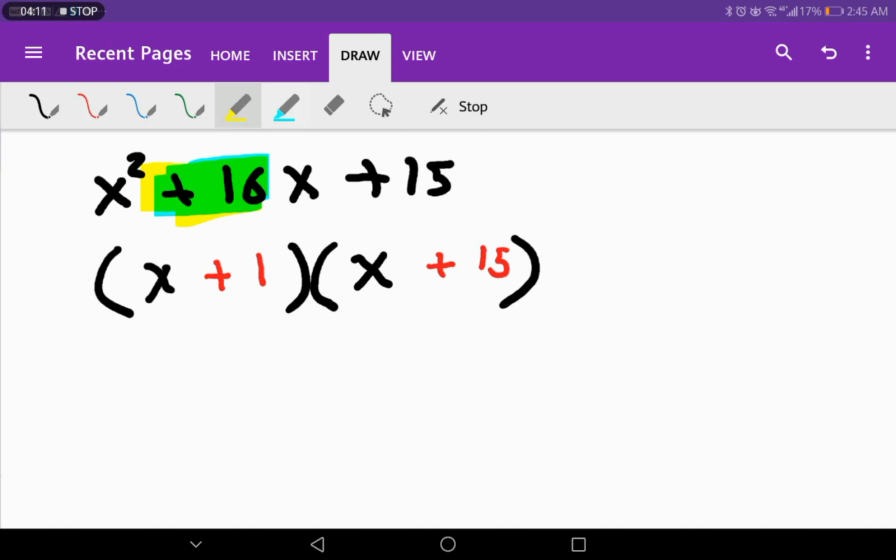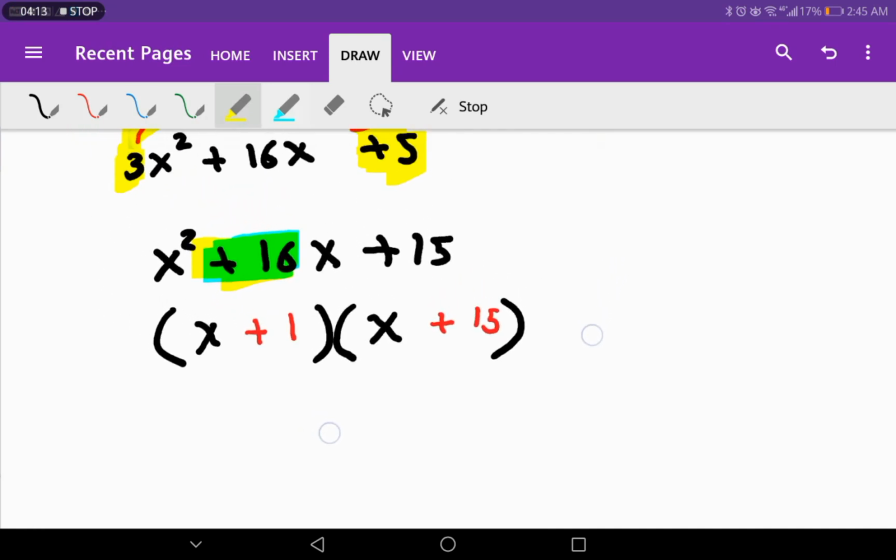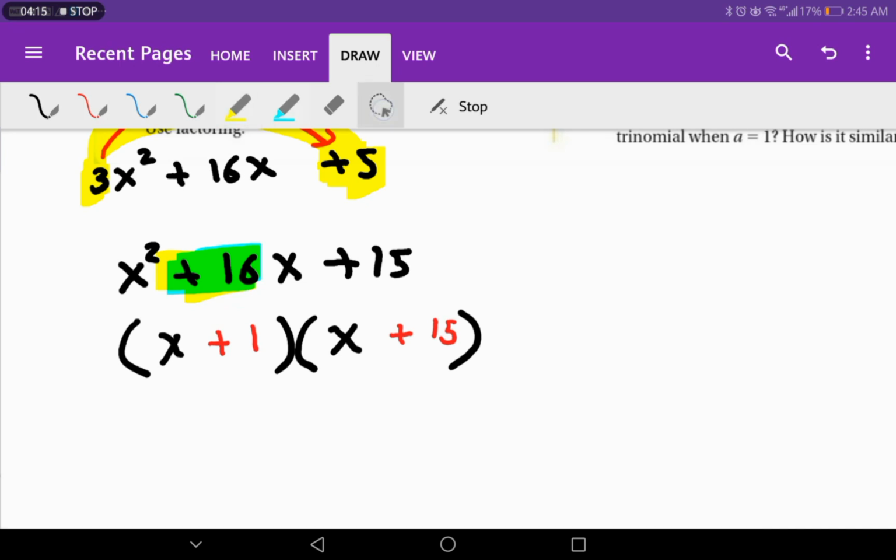You come back to the coefficient and you take it. Write it beside here. Write two pieces of the 3. The first 3, I will put it under the 15.